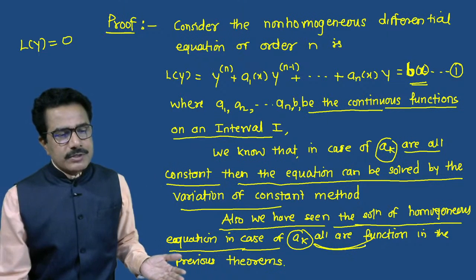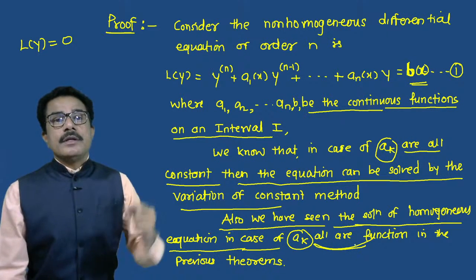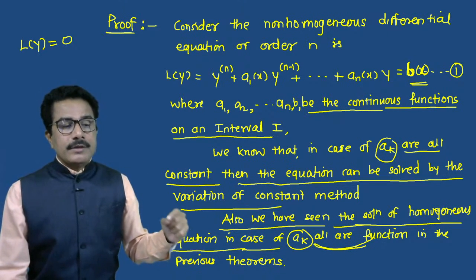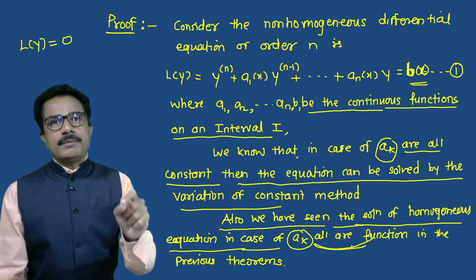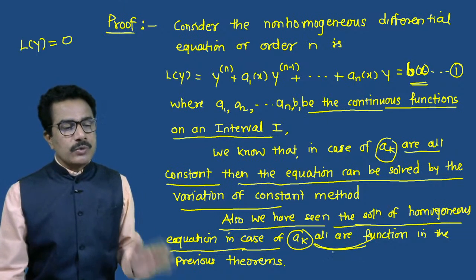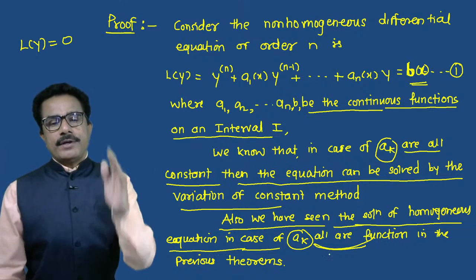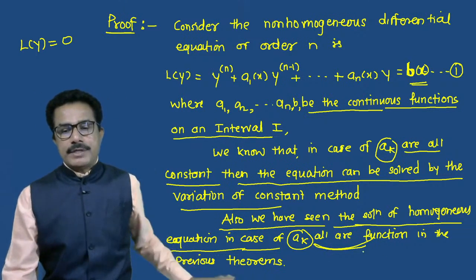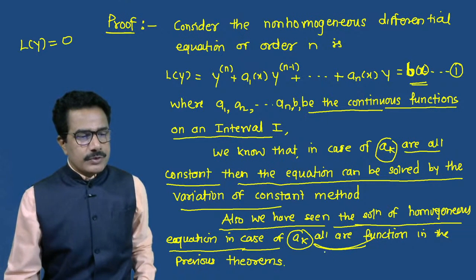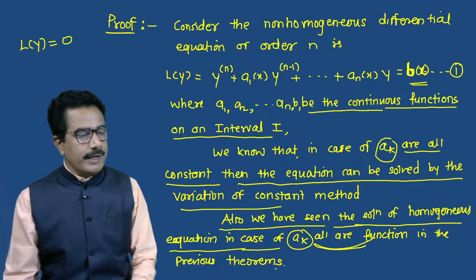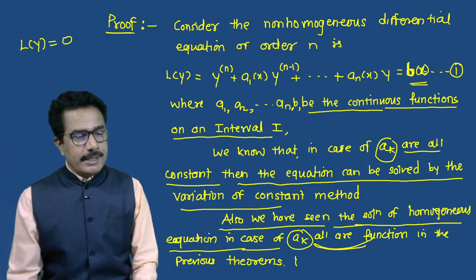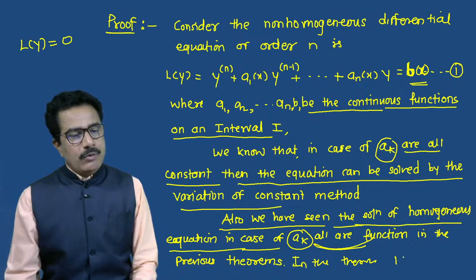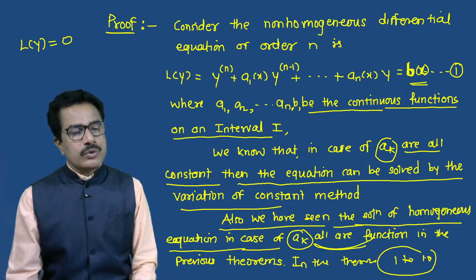If we have variable coefficients, then from Theorem 1 to Theorem 10 we have seen how to find the solution of a homogeneous differential equation with variable coefficients. So all are functions of x in the previous theorems, from Theorem 1 to 9 or 10.